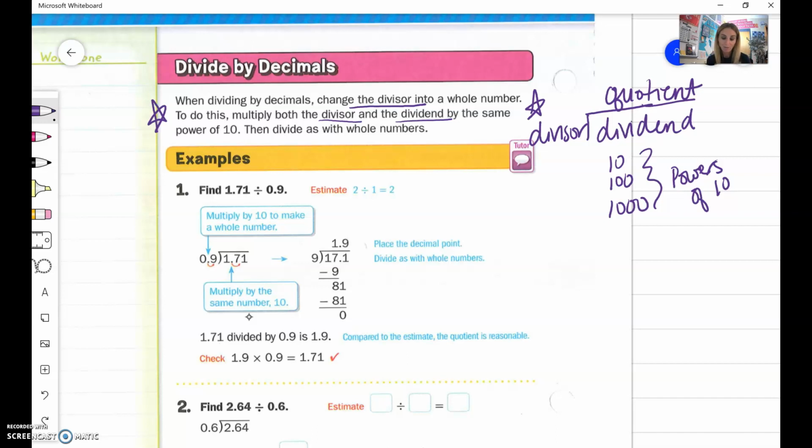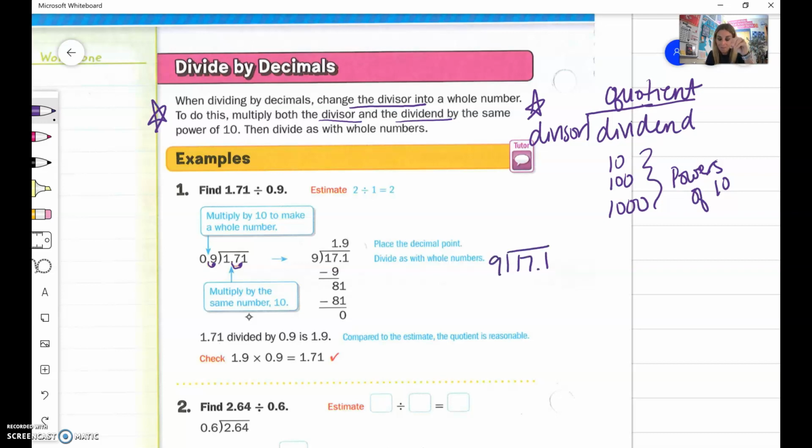Now let's take a look at this first example. I want you to see what happens. We are taking 1 71/100 and dividing it by 9/10. We've moved that decimal point over 1, which is multiplying it by 10. Therefore, we're going to do the exact same thing and move it over 1. So now my problem becomes 17 1/10 divided by 9.